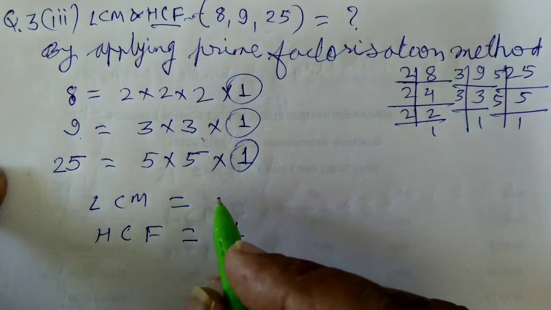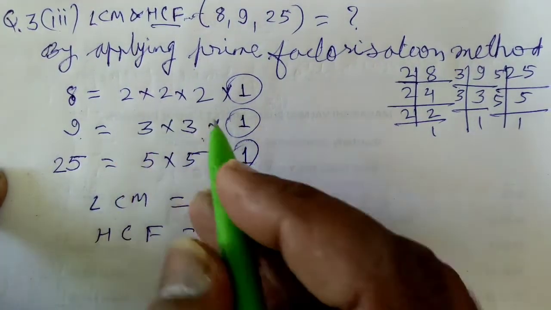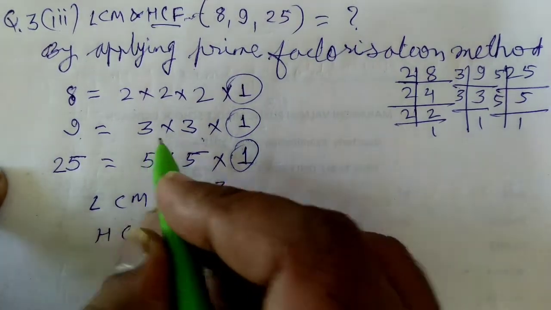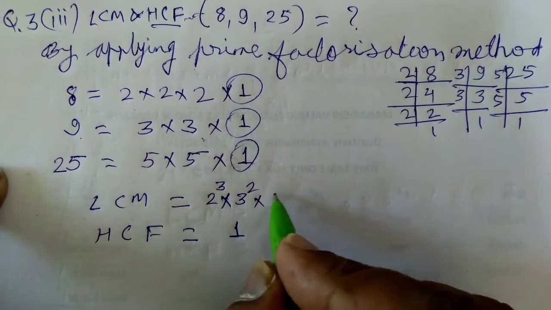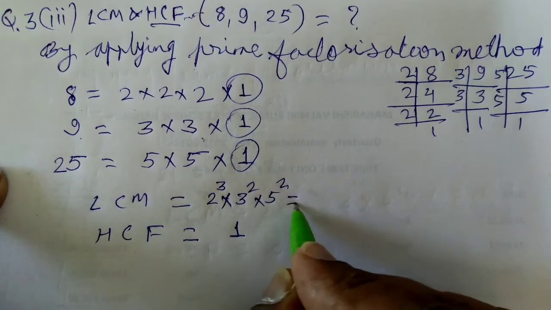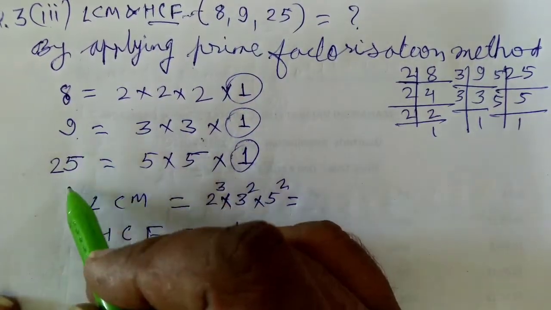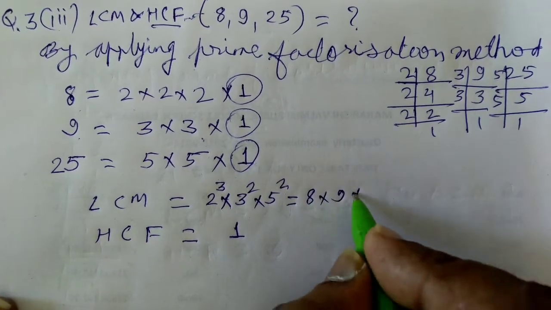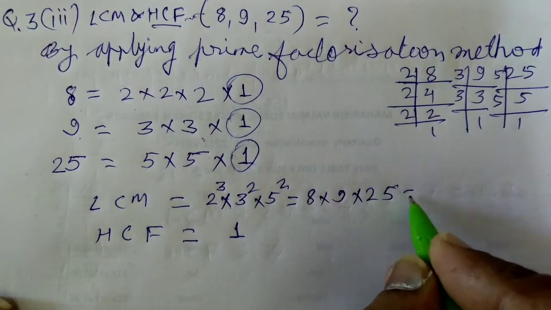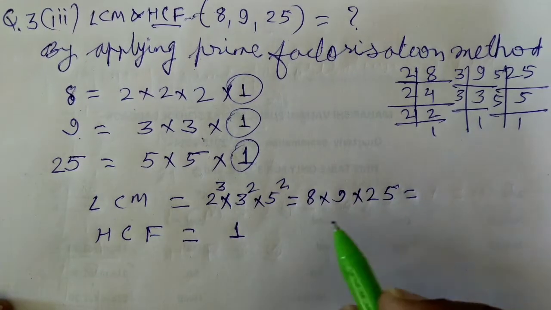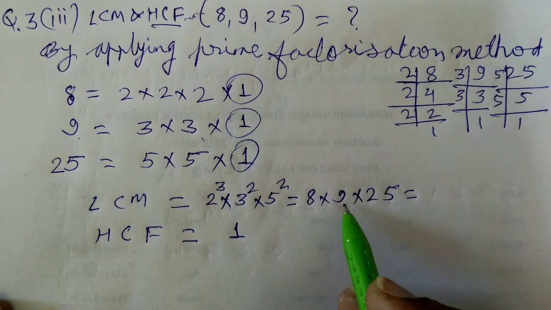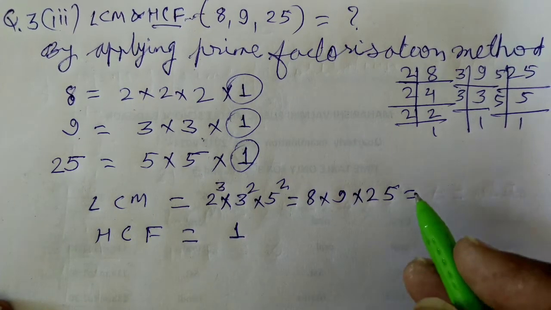So we will write 2 into 2 into 2, which is 2 power 3, multiply 3 power 2, multiply 5 power 2, that means 8, 9 and 25. All three integers we will multiply. First 8 times 9 is 72, and 72 multiplied by 25.